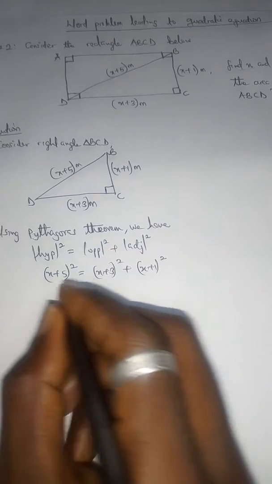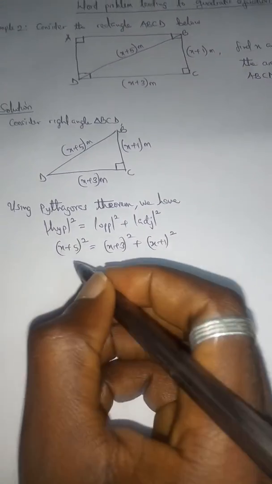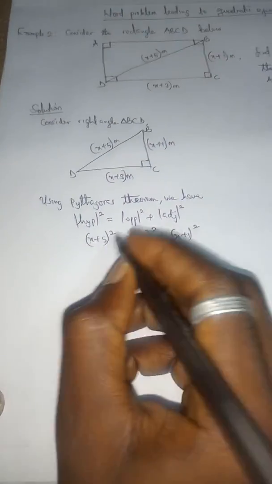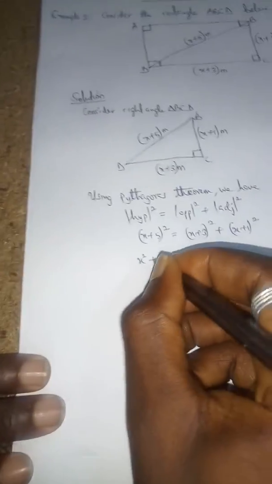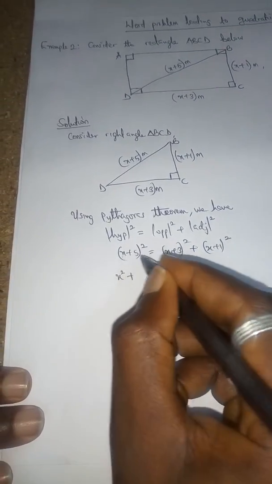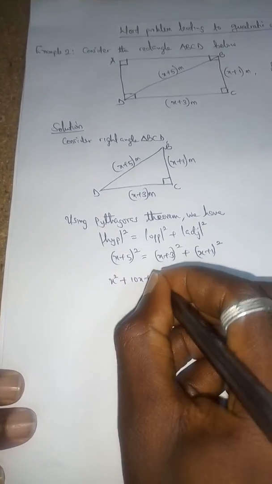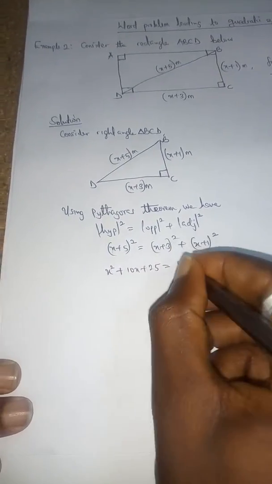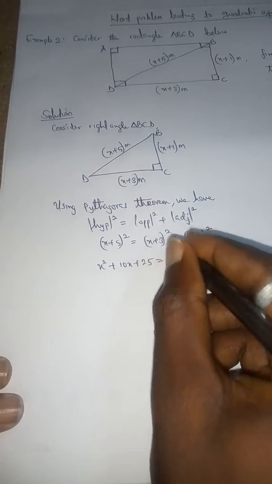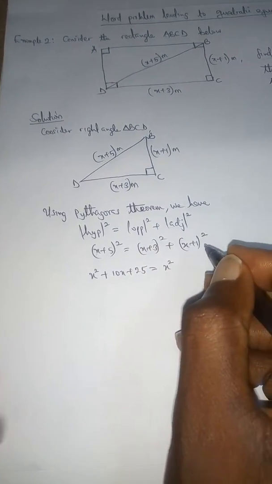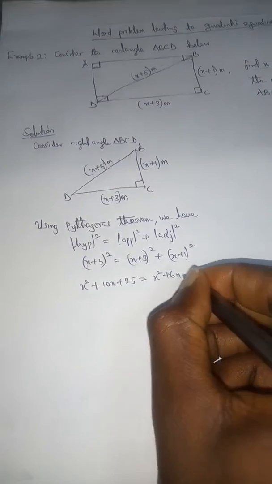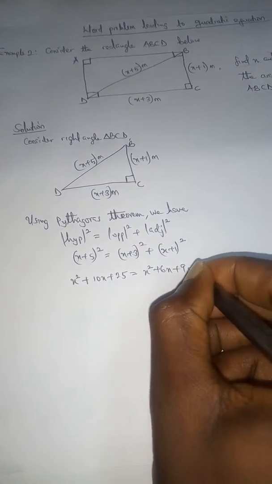So let's open this bracket. When expanding a binomial, this is x square, plus 5x times 2, that's 10x, plus 5 square, which is 25. The same here: x square, 3x times 2 is 6x, plus 3 square, which is 9.